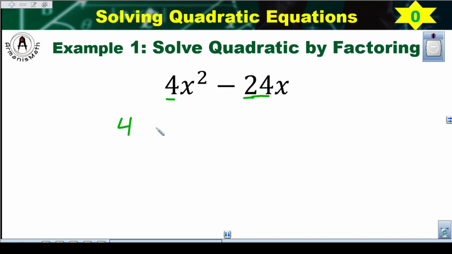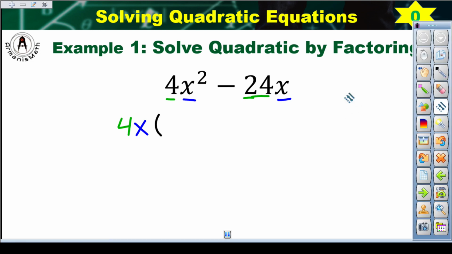I also am looking at the other terms, the x squared and the x, and I could tell that they have something common, which is the x, so I'm going to pull that outside as well. Then I'm going to open a parentheses for myself, just like that. And now I'm going to take the first term, which is 4x squared, divided by my common factor. So in my mind, I usually have a little area here for me to doodle.